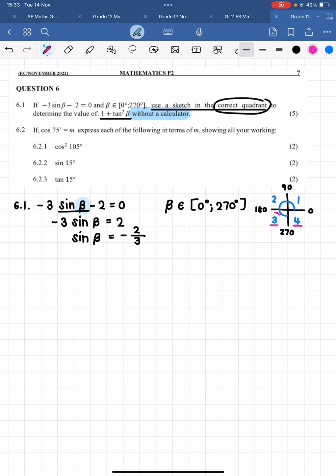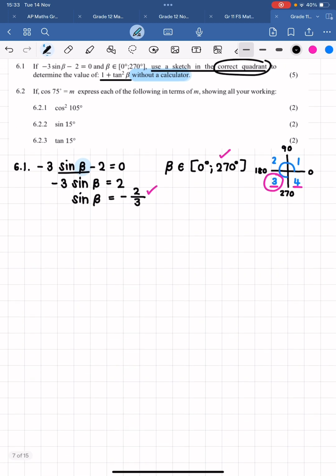So that means that the third quadrant is the only quadrant that satisfies this condition and the interval of angles that was given. So we are now going to have to draw a triangle, a sketch, in quadrant 3. Usually when I do my sketches, I will not really draw a full quadrant for the others. I'll just draw a full quadrant for quadrant 3, or the quadrant that I'm meant to be using.